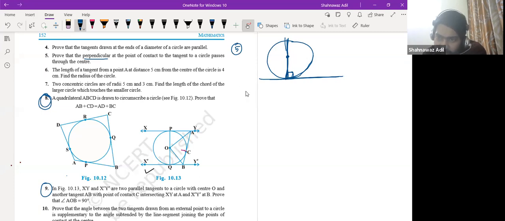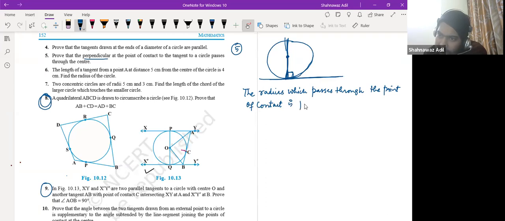Because we know that the radius which passes through the point of contact is perpendicular to the tangent.